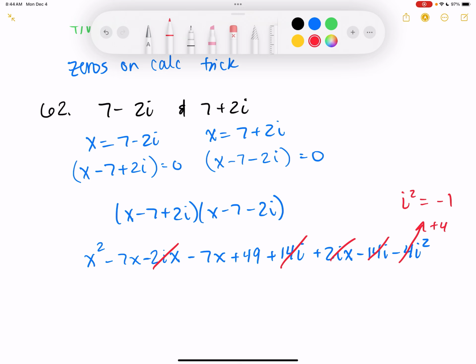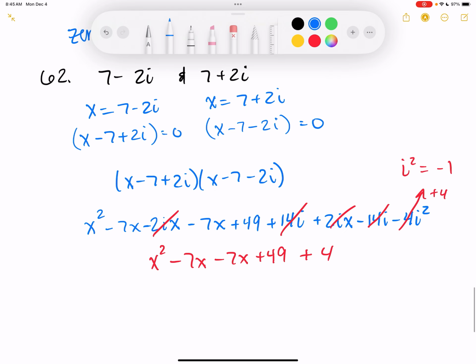So left, I have an x squared minus 7x plus 49, and then plus 4 from that last term. I don't want to forget. So you could have gone straight to the next step without what we just wrote in the middle, but I just wanted us to make sure we can see what's left over. So our final answer then, combining like terms, is going to be x squared minus 14x plus 53.